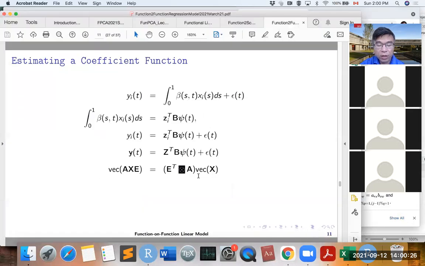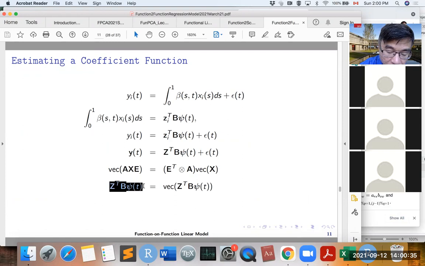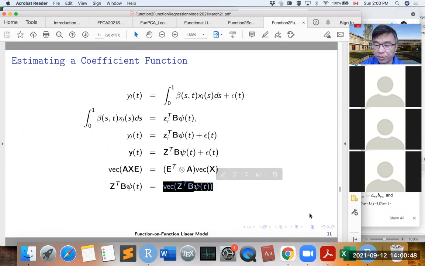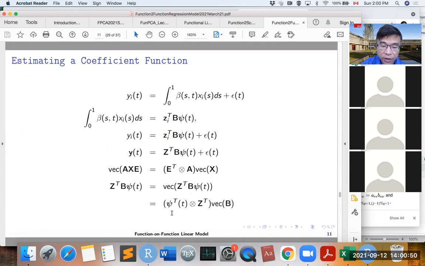So if we have this form, then we know that Z transpose B times psi t will be just a vector, right? Then this vector is equivalent to the vectorization of this vector, it's the same. So we can write the vector of B on the right side.